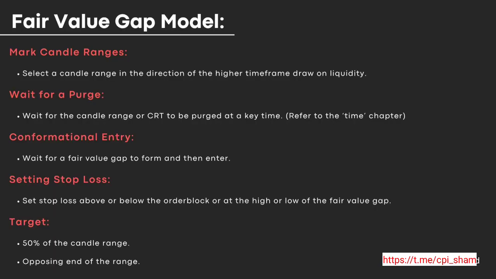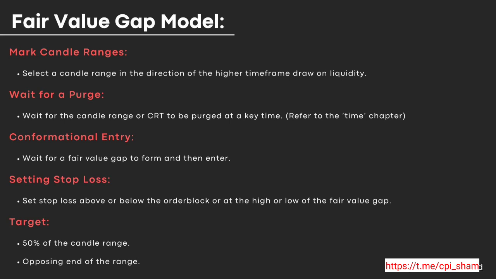Last but not least, we've got the fair value gap or the FVG model, which is the second type of confirmational entry model. It's basically the same as the order block entry model with just a small difference, which is that instead of an order block confirmation, you'll be looking for a fair value gap or FVG confirmation. You're going to be waiting for an FVG to form instead of an order block, which adds another extra layer of confirmation and clarity to your entry and makes it even more high probability.